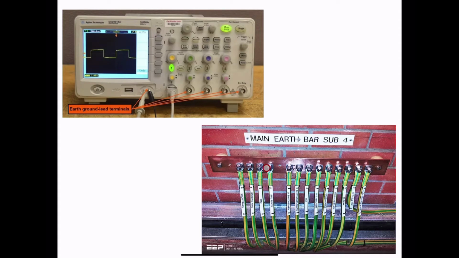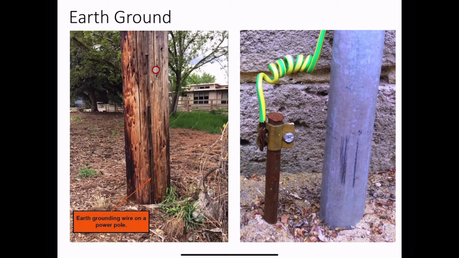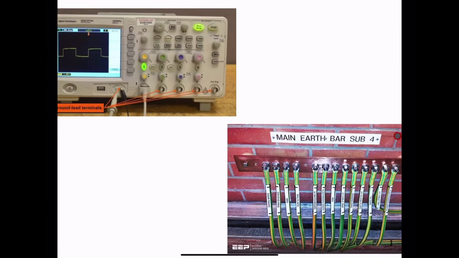We can connect all the electrical appliances directly to this copper strip, and this copper strip is then connected with this rod or this type of wire, which eventually grounds the current, and this is how grounding of appliances is performed.